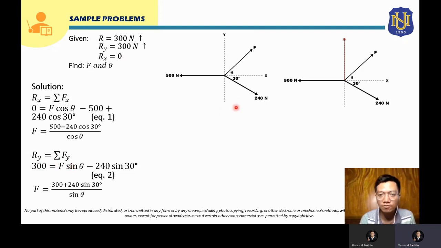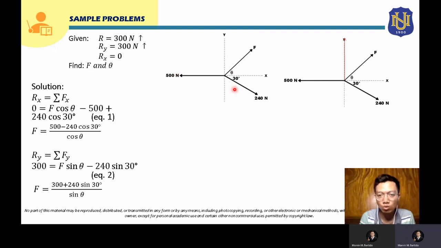So the first force is force F. The vertical component of this is F sine theta. And since it is directed upward, that will be positive. Now, for the 500 Newton force, there will be no vertical component since this is a horizontal force.